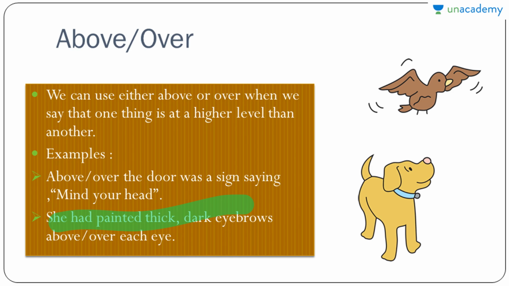So here the level is being compared to the eye, so obviously eyebrows are above the eye, over the eye. But if you compare eyebrows with the forehead, then the forehead becomes above or over the eyebrows. So you have to be very careful while using this, and you have to understand that it is a relative term and it has to be used in that sense.